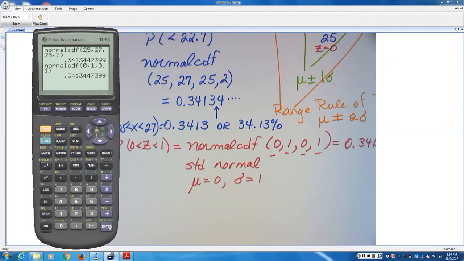So there's absolutely no difference in those two things. What a z-score measures is how far from the mean you are in terms of standard deviations, using your standard deviation as the ruler, so to speak. Okay?